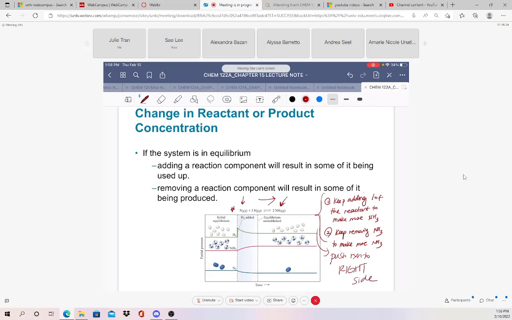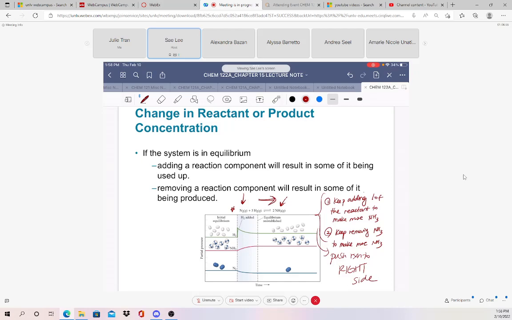So to sum up this concept, any substance that has been added to the reaction will be used up in the reaction. Because you added more nitrogen, the reaction will proceed to the right to use up that added nitrogen.